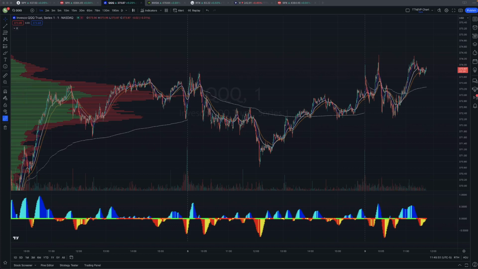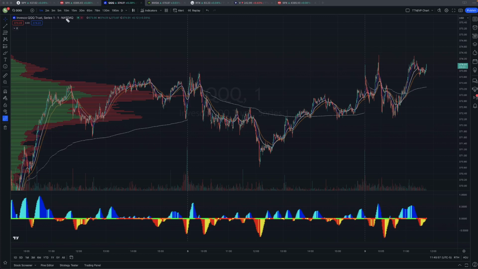So how can that be helpful to us as traders to be able to see volume by price? Well, it gives us support and resistance levels, and it shows us where distribution and accumulation might be happening within the market.